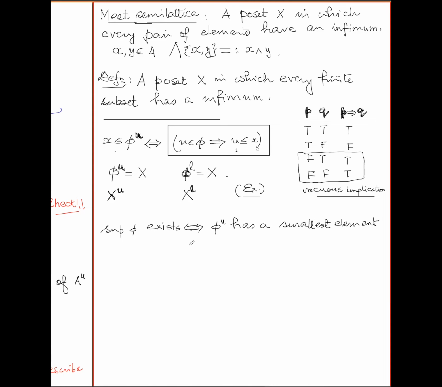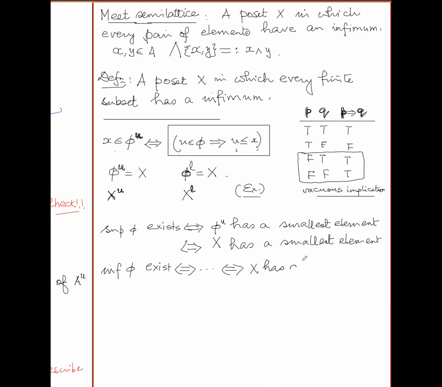And this I know is X. So this means that X has the smallest element. So the empty set has a supremum if and only if it has a smallest element. And similarly, you should be able to say that the empty set has an infimum if and only if X has a largest element.